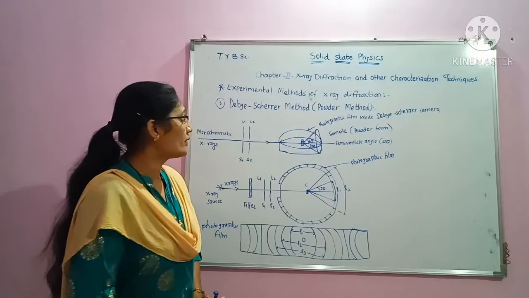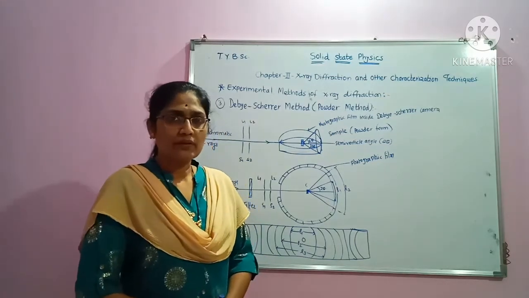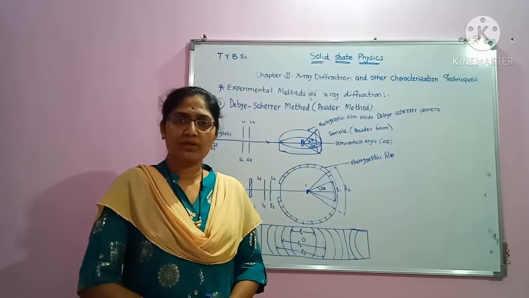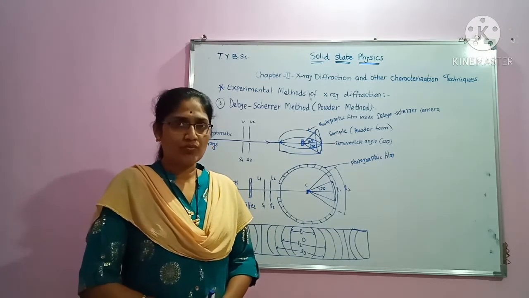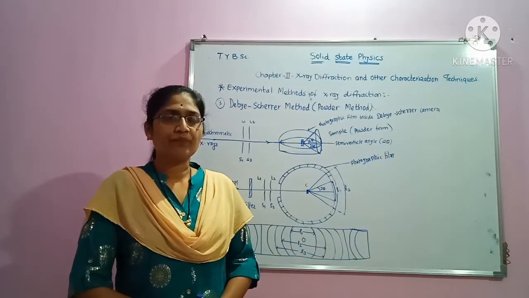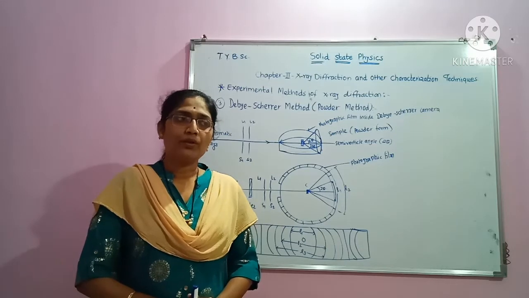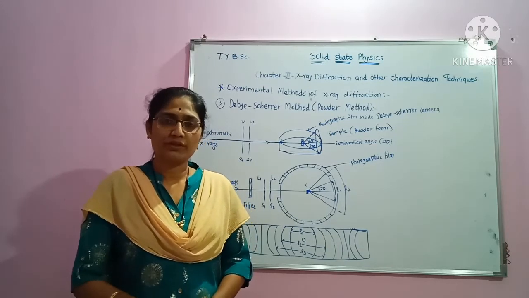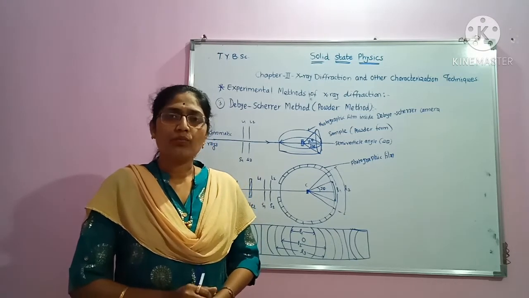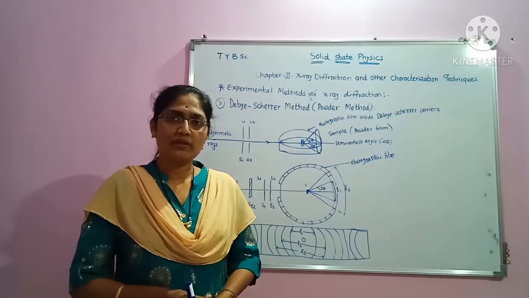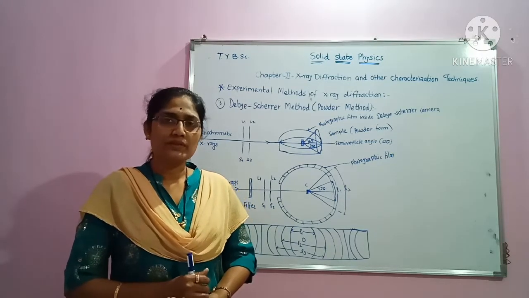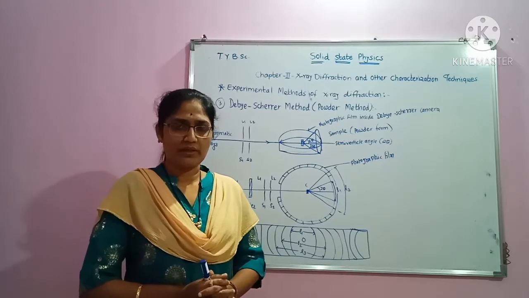Debye Scherrer method or powder method is the method which is used to study polycrystalline materials, that is the materials which are in powder form. Because in case of Laue method and rotating crystal method, the disadvantage is that the material to be studied should be in single crystalline form, and in the world most of the materials are not in single crystalline form, and it is difficult to synthesize such single crystal materials also.